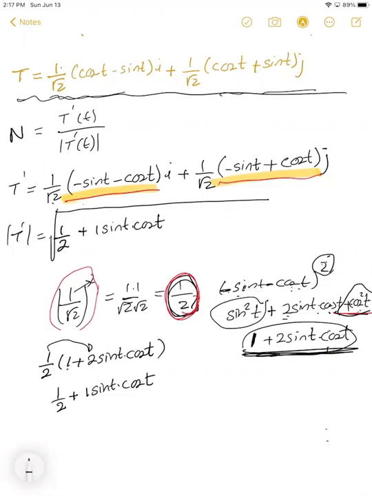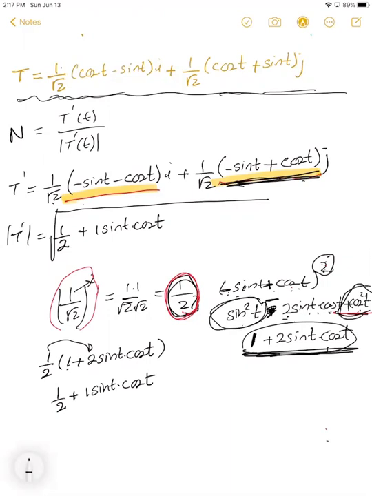We also have to do the same thing to this guy here. So again, we have 1 over square root of 2 to the power 2, which is 1/2. Inside the parentheses, this is a positive. So minus sine to the power 2 is going to be sine squared of t. 2 times negative times positive makes that a negative, but again, 2 sine t cosine t. Cosine t to the power 2 is cosine squared.